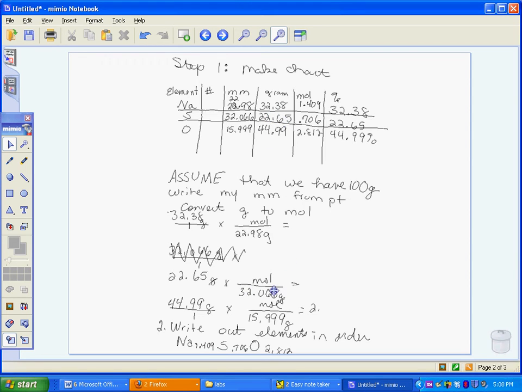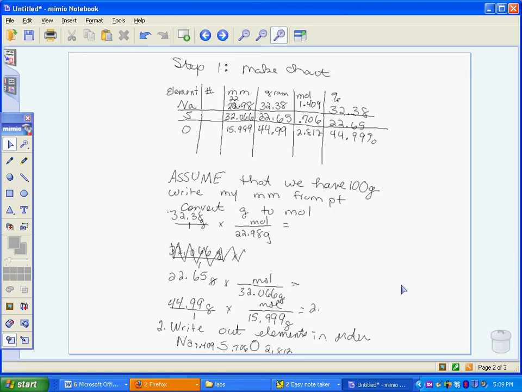I divided it by the molar mass. So I have 0.706 moles of sulfur. I had 44.99 grams of oxygen. The molar mass is 15.999 grams per mole. So I divided 44.99 by 15.999, and I have 2.812 moles of oxygen.